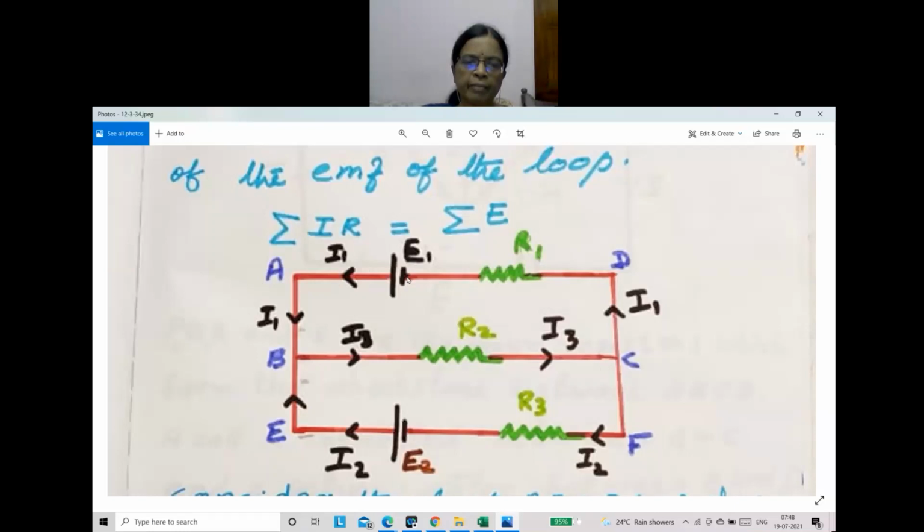A, B, C, D, E1. That is one closed path. From where you start, we should reach there; A itself we should reach.